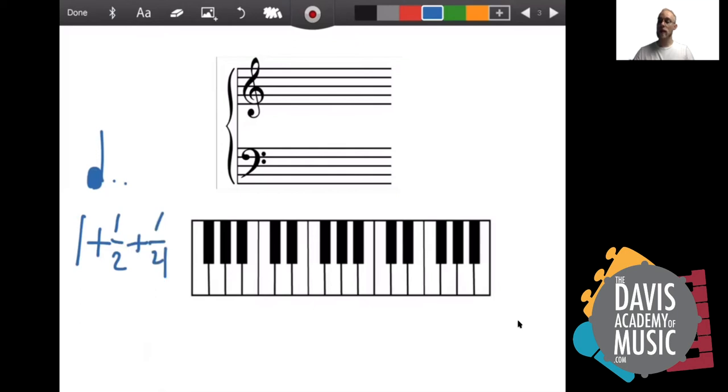So then we have to add the first, which is 1 beat. Then we have to add the first dot, which is half a beat. And then we have to add a quarter beat. So all that together would be 1 and how much? Can you figure it out on your own? If you got 1 and 3/4, that would be correct.